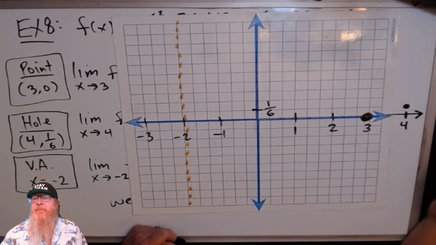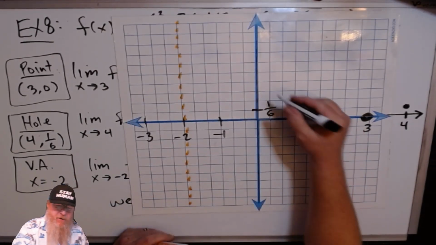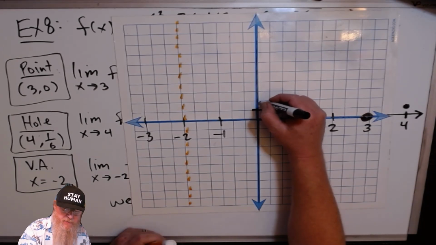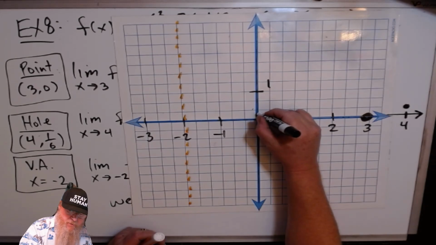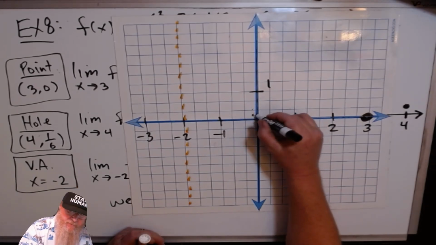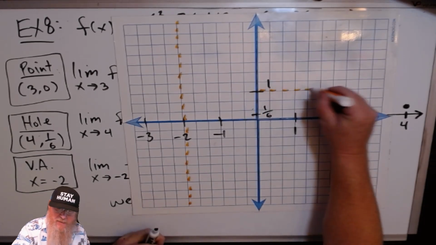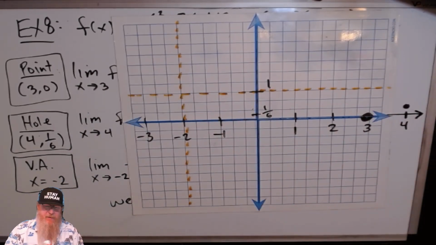All right. I could be kind of loose with my Y scale here. I've got a horizontal asymptote at 1. Here, let's do 1/6 right about here. Horizontal asymptote at 1. All right.